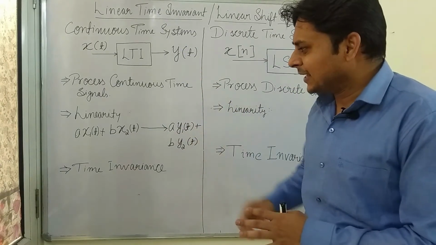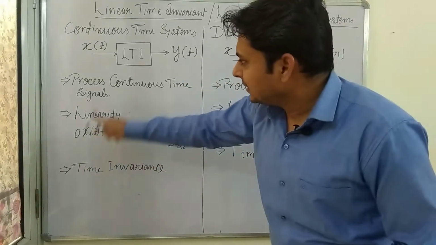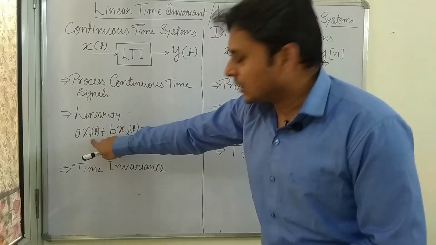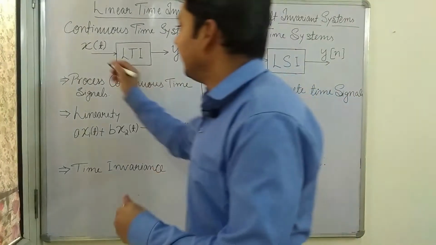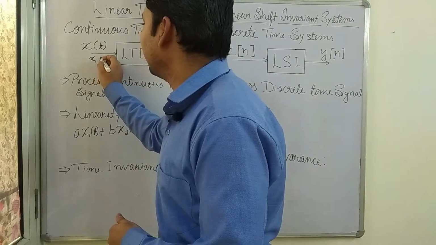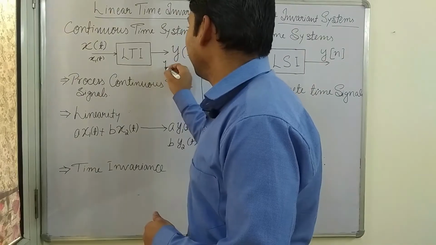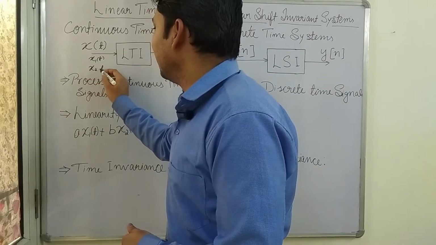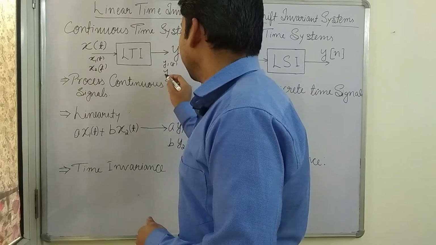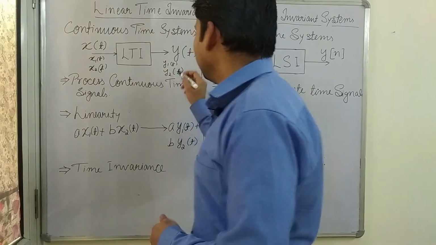Let's understand in detail. If I give this system an input x1(t), it will give an output y1(t). If I give an input signal x2(t), this system gives an output y2(t).